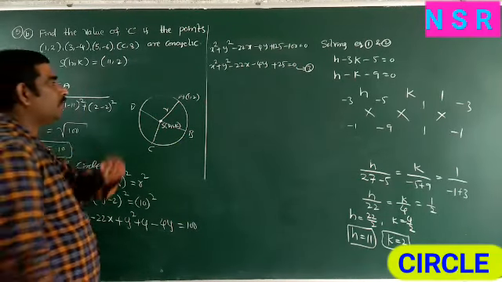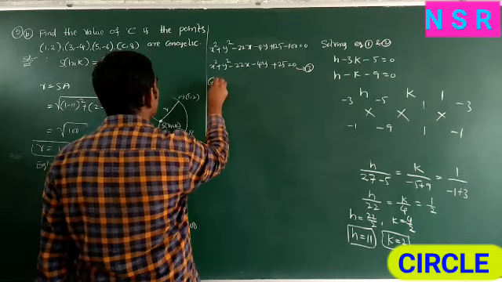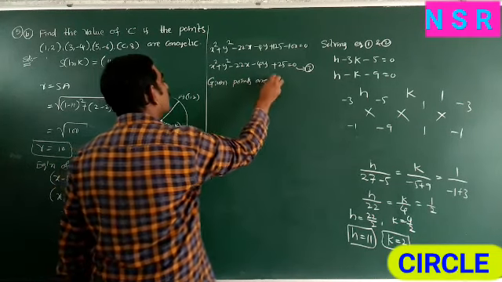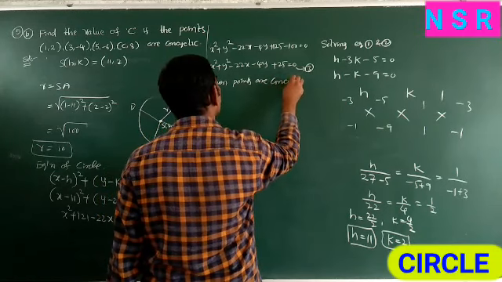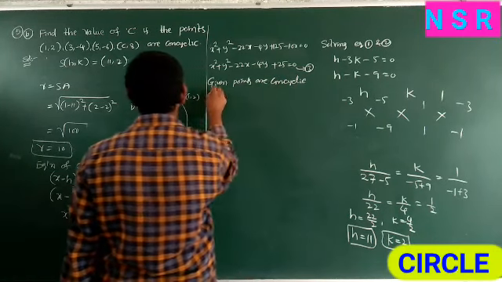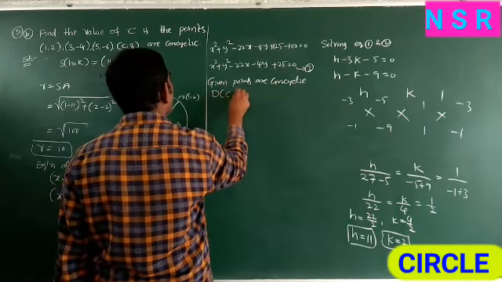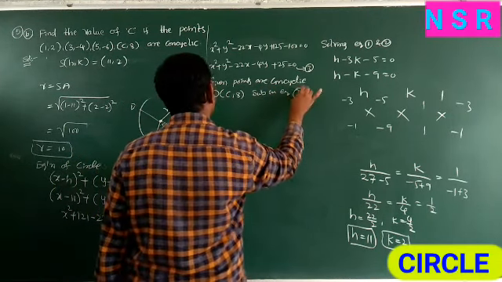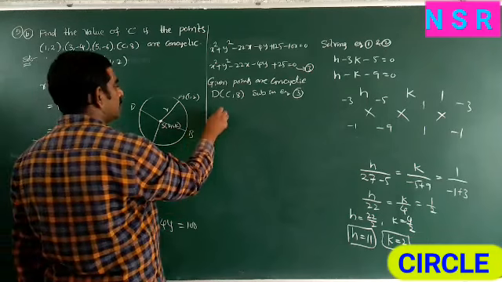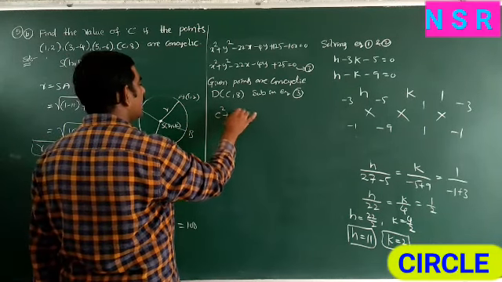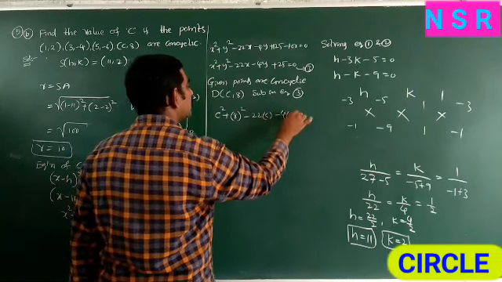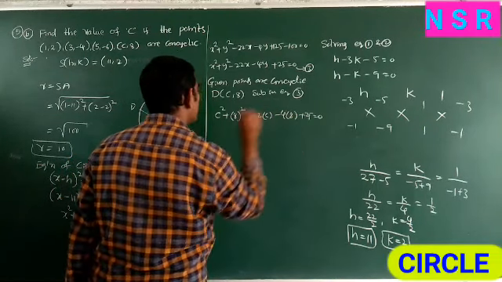So here given points are concyclic points. Now here the point C comma 8, substitute in equation 3. So in place of x substitute c square, 8 square minus 22 into c, minus 4 into 8 plus 25 equal to 0.